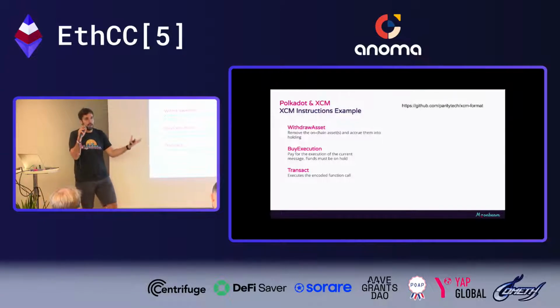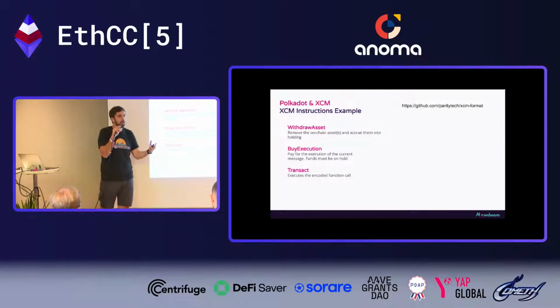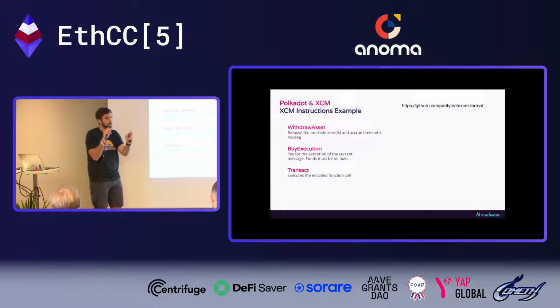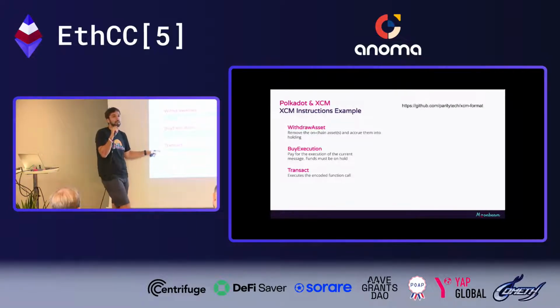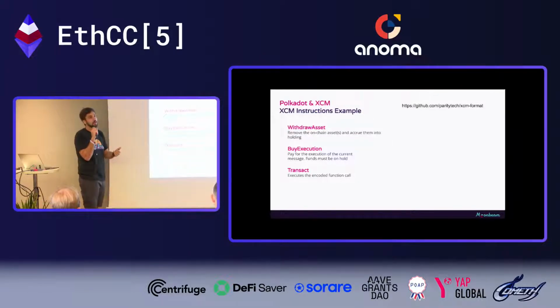So the block has X amount of seconds, and I want to buy 0.01 seconds to execute something. And I want you to execute this. So these are the 3 instructions that Polkadot will understand through their XCM VM, and will say, okay, so what you want me to do is a balance transfer, right? I quite commonly use these 3 instructions to open communication channels or to remotely transact with other chains.